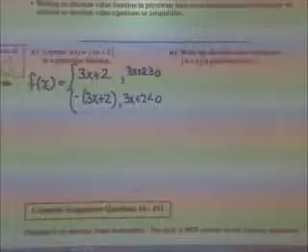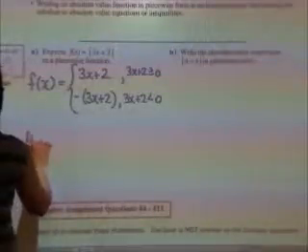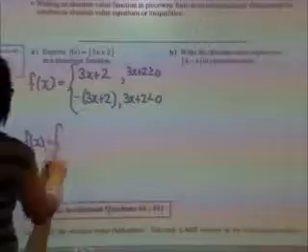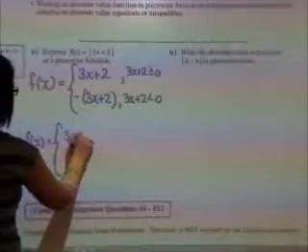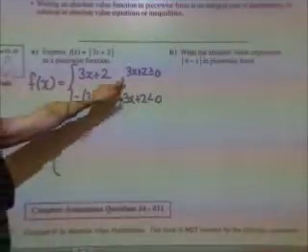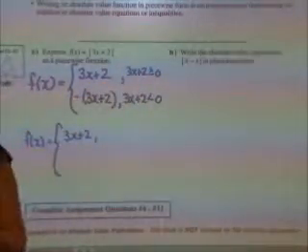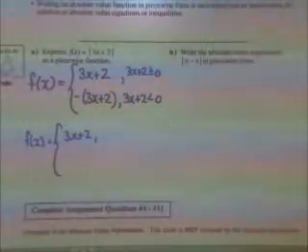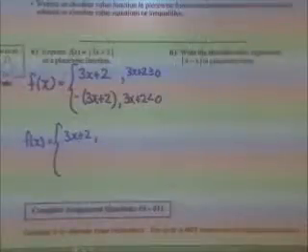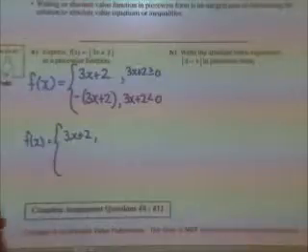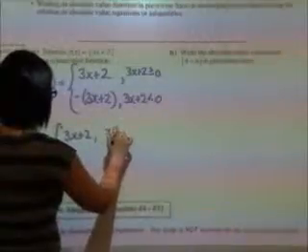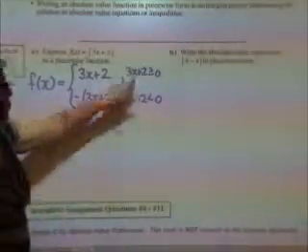And then I would clean this up. So my 3x plus 2 would stay the same, but then I would actually list this off as a 0. So if 3x plus 2 is greater than or equal to 0, what is x greater than or equal to? So solve this for x. So what would I do?